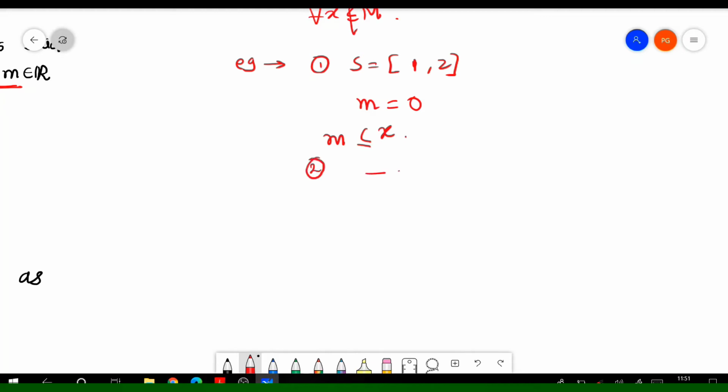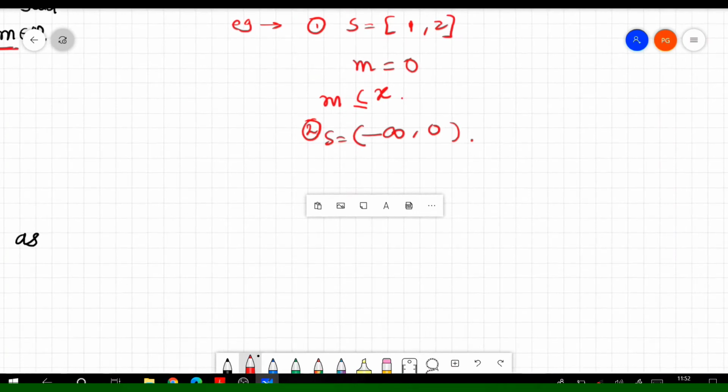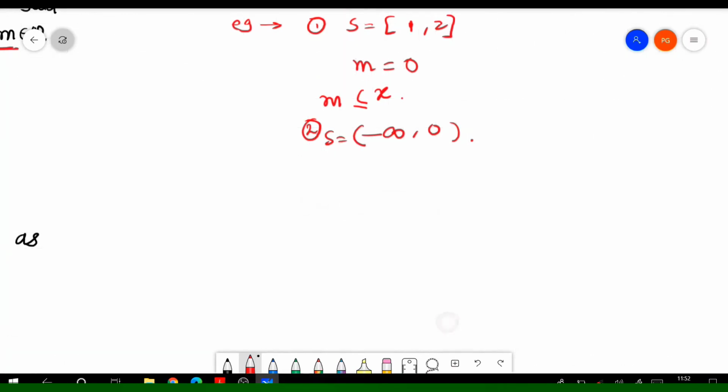For example, if you consider set S is equal to minus infinity to 0, then you cannot have such M such that every M is less than or equal to x. You cannot have such M, and hence this S is not bounded below.